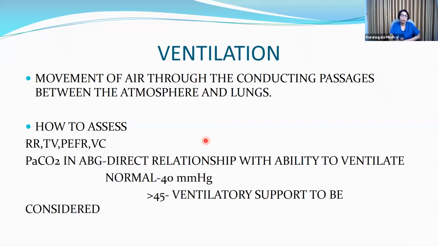PaCO2, that is partial pressure of arterial carbon dioxide in blood gas, has a direct relationship with the ability to ventilate. Normally, PaCO2 is 40 millimeters of mercury. If somebody's carbon dioxide is going above 45 millimeters of mercury, ventilatory support is to be considered, provided this particular patient is not a COPD patient.